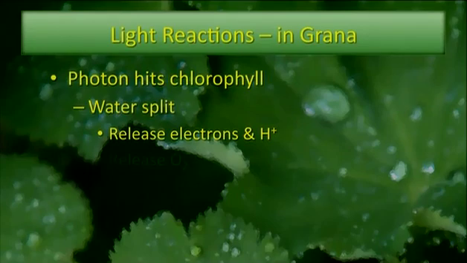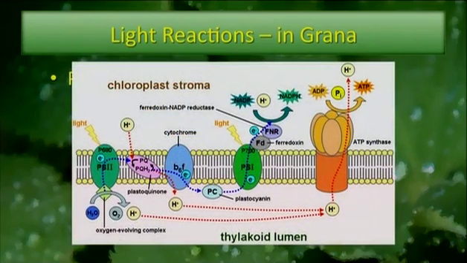Another thing that happens is that it releases oxygen gas. So the electrons, the hydrogen ions, and the oxygen gas come from the split water molecule. Now then, electrons pass through an electron transport system. First of all, let's talk about the first part. Here's water. Water is split by light, giving off oxygen gas, releasing hydrogen ions, and also electrons.